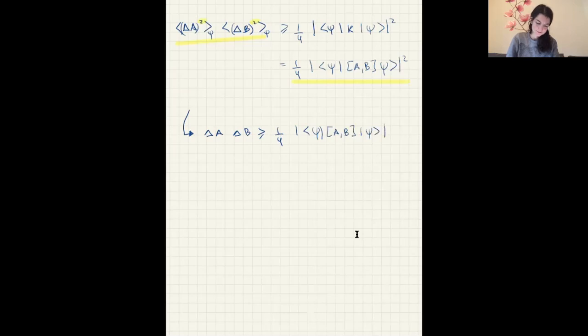Okay, without the squares. Well, I don't think we'll do this in a tutorial, maybe in a further exercise.